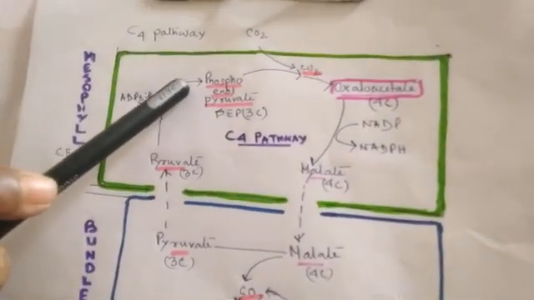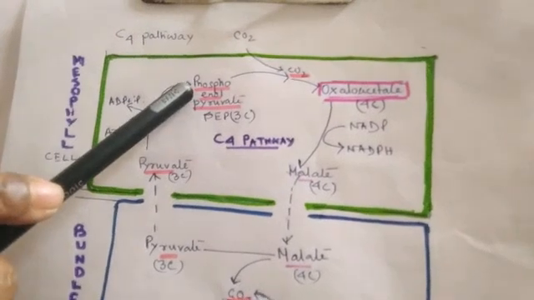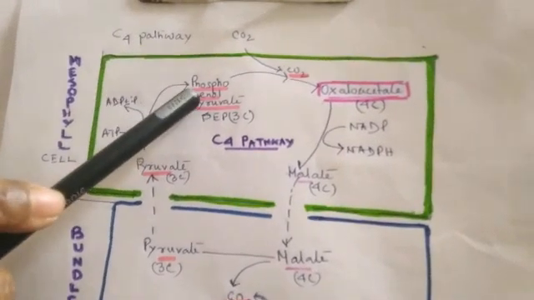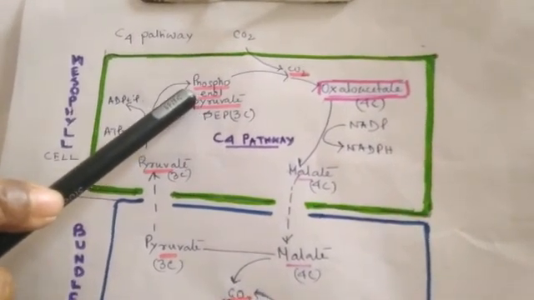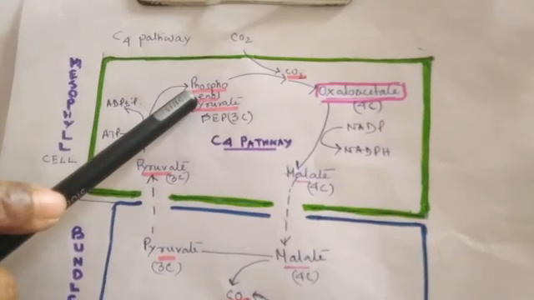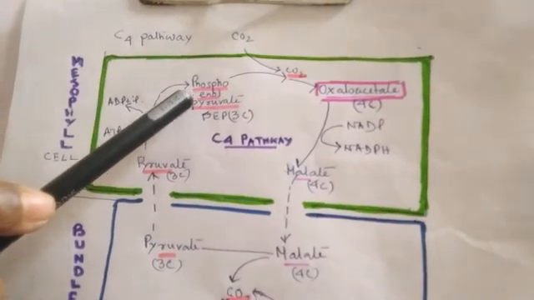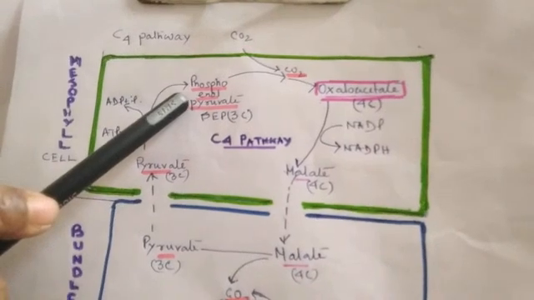So in mesophyll tissue, the chloroplasts do not contain Rubisco, the enzyme, clear, and RuBP to fix carbon dioxide.